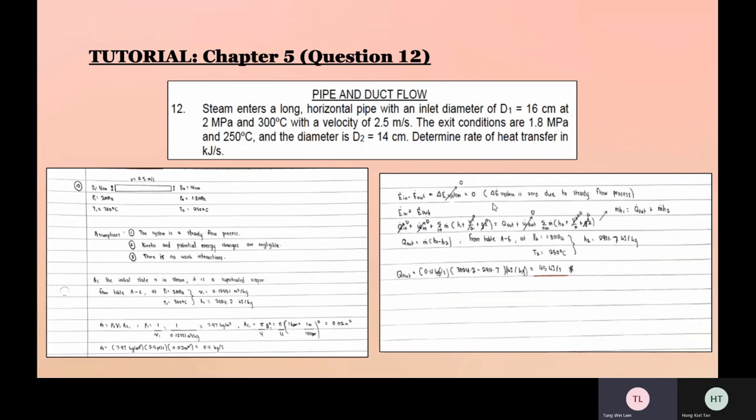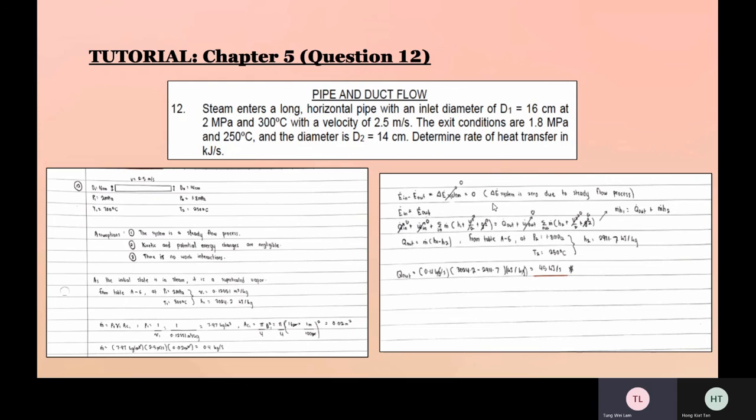Alright, I'm Tong Wei Lam. I will continue the presentation. I would like to add on a few things regarding the energy components of the system. In our case, the main energy component is the heat transfer, which is Q, while, as mentioned, the change in kinetic energy and the potential energy is negligible because there is no significant change in the velocity or the elevation.